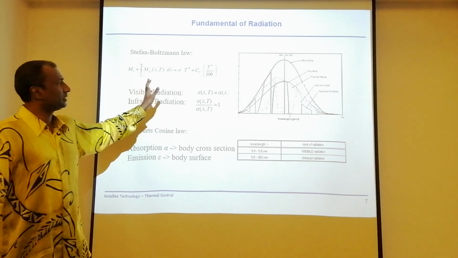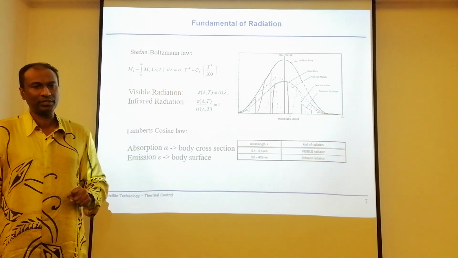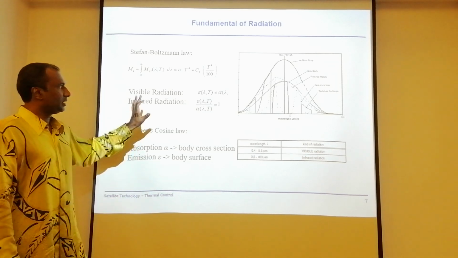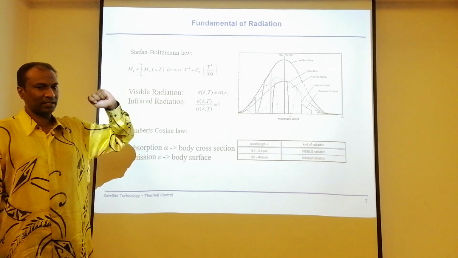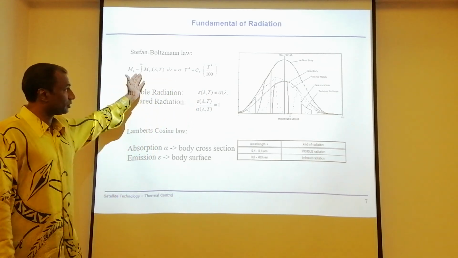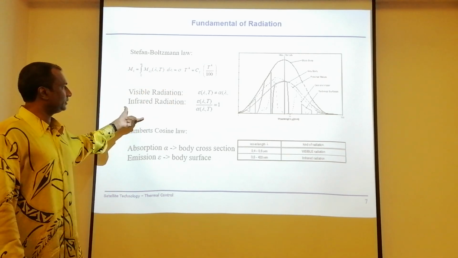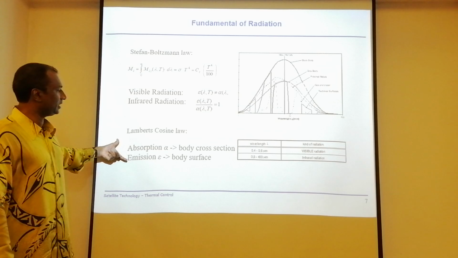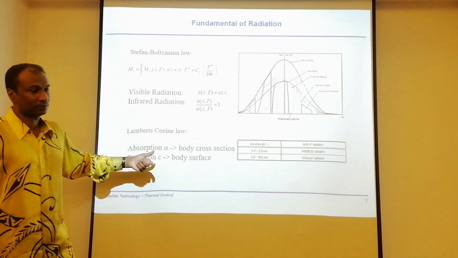Now, again, it's just fundamental radiation. Remember the formula that I showed you. You have seen that before. Radiation comes from the Stefan Boltzmann law, and sigma is the Stefan Boltzmann constant. Now, important to look at this. We read Stefan Boltzmann's law together with Lambert's cosine law.